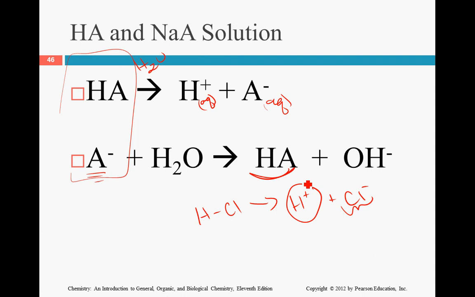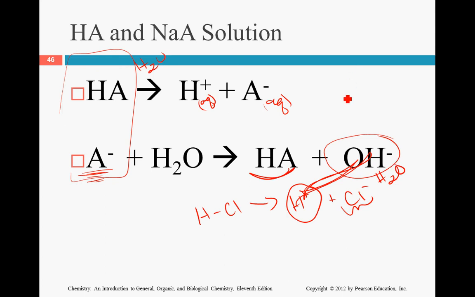However, when we add H plus, we already have these OH minus floating around from the conjugate base sitting there. That means this H plus and OH minus are going to come together to form water. So they neutralize each other and absorb some of the impact of the HCl.